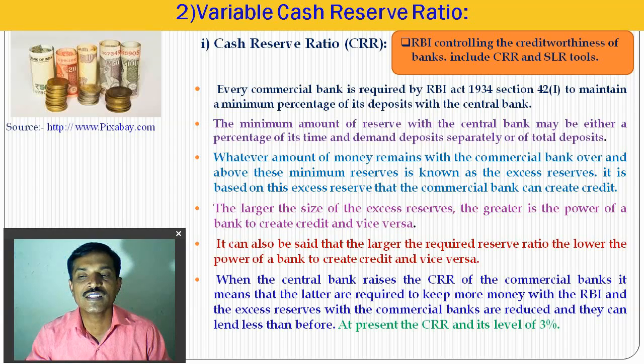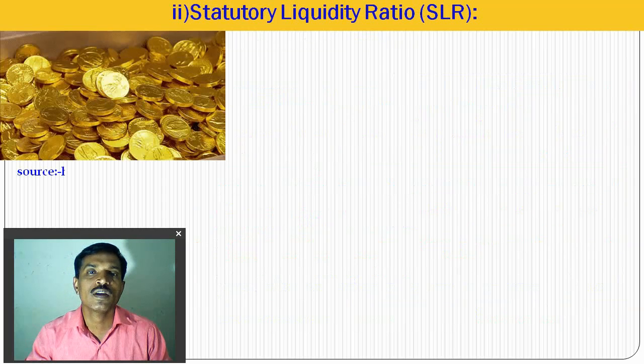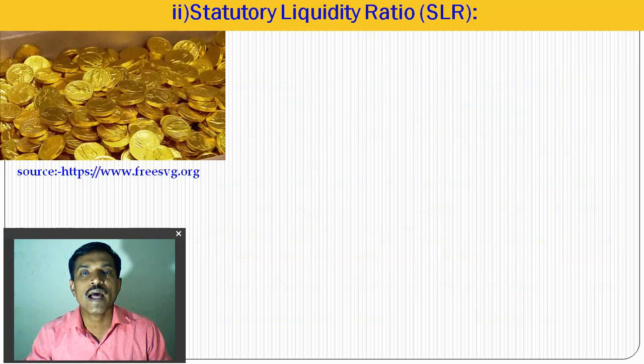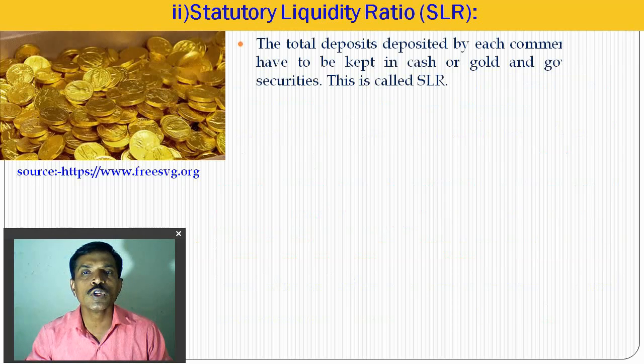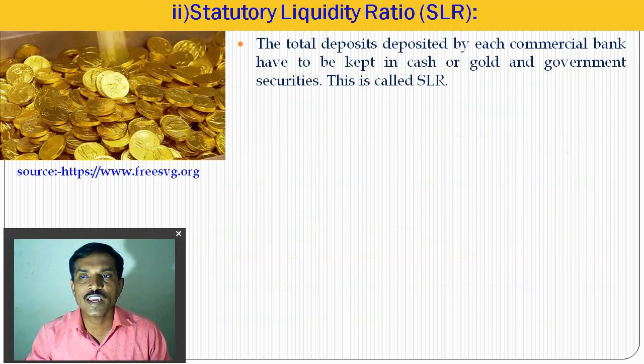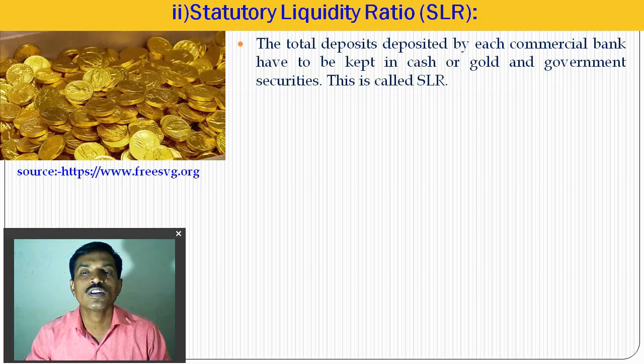At present, the CRR, cash reserve ratio, level is 3%. Next is the statutory liquidity ratio, called the SLR. Total deposits of each commercial bank are kept in cash, gold and government securities. This is called the statutory liquidity ratio, SLR.